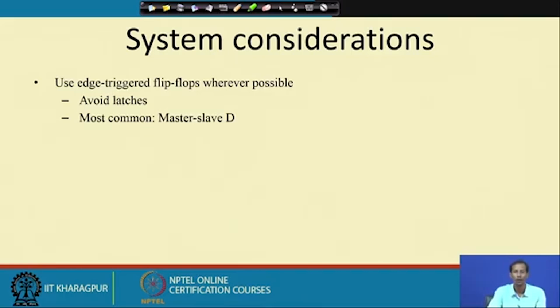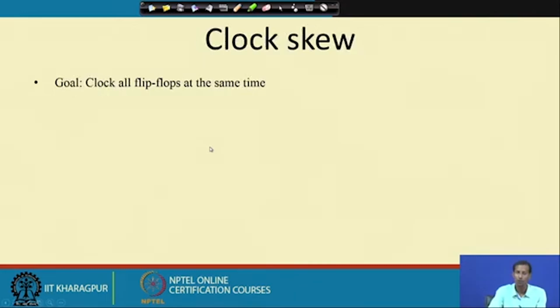No one gets the highest priority among them. That is why always try to use edge triggered flip flops instead of latches, and always try to use master slave D flip flop architectures. This is the system consideration you need to keep in mind whenever you are designing your system.